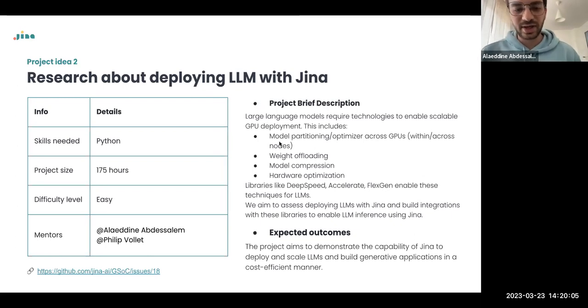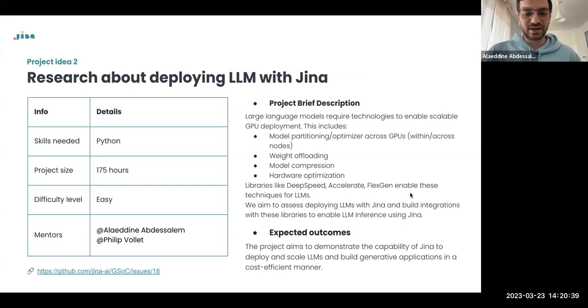But deploying and serving a large language model by definition relies on a few techniques. Because they don't fit on a single GPU, you need techniques like model partitioning or optimizer partitioning across different GPUs. Or if you don't have all the GPUs within the same node, then you have to split this model across different nodes or servers.